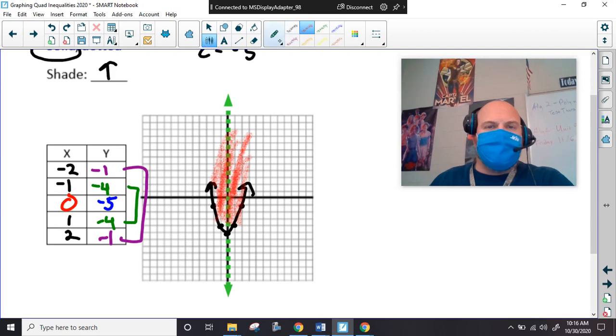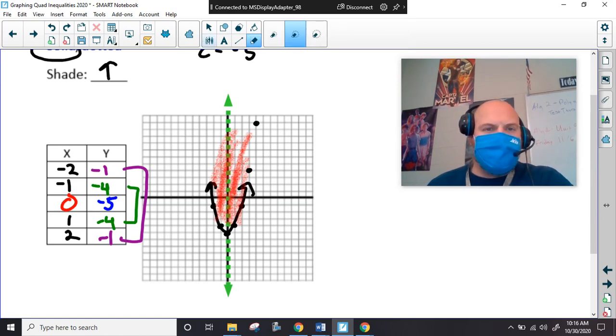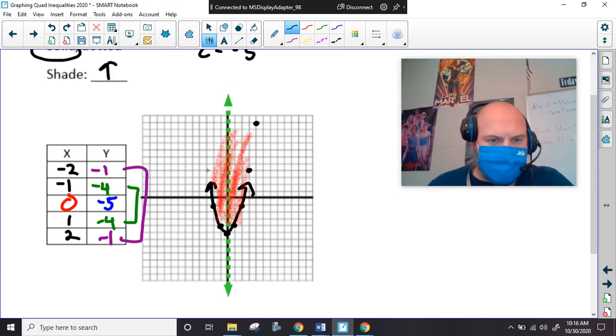This graph would actually go on 2, 3, 4, 5. Okay, so it would look kind of like that if we were to take it on out and extend it.